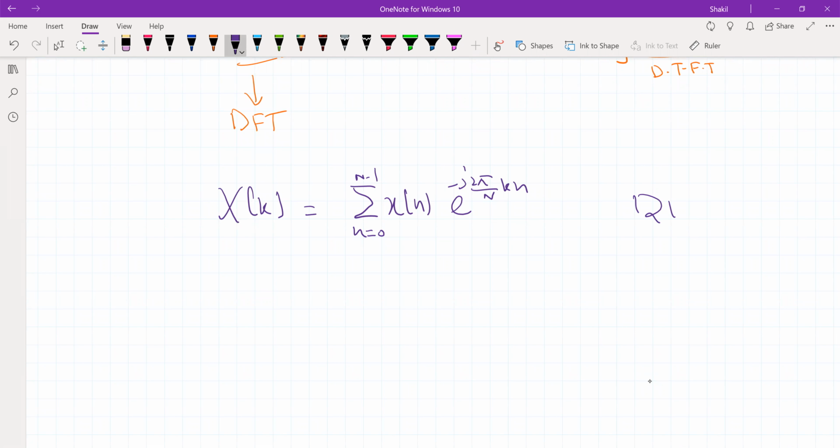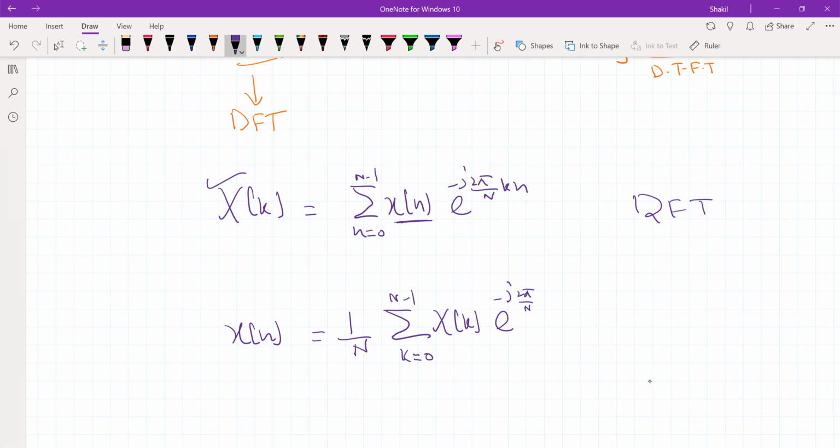So this is the DFT. Now the inverse discrete Fourier transform means if we want to evaluate x of n, given X of k. So x of n will simply be 1 by N, summation k running from 0 to N minus 1, X of k e to the power of j 2 pi by N, but this will be plus now, k n.